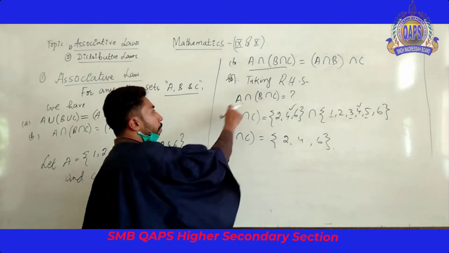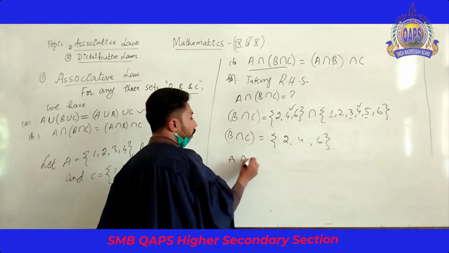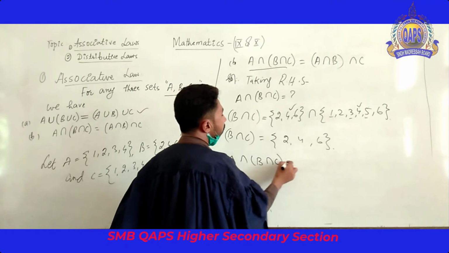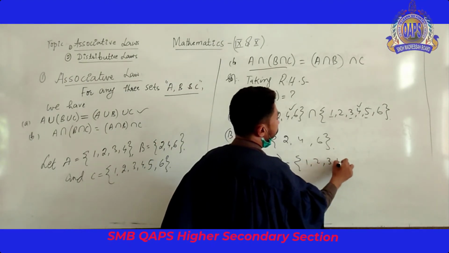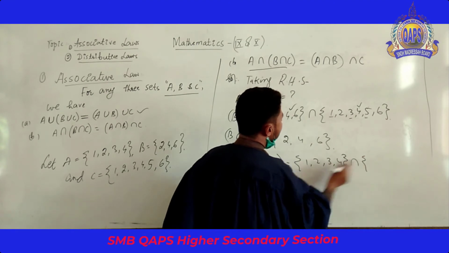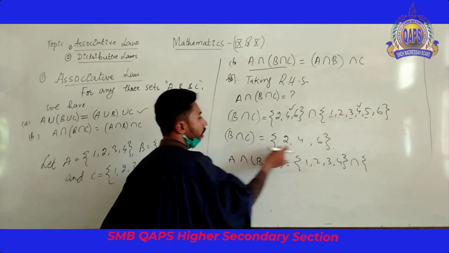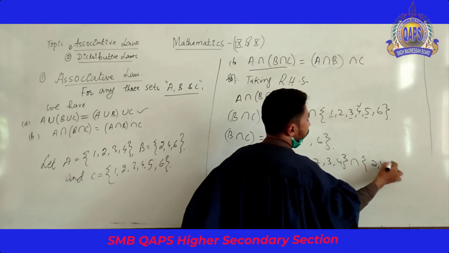Now we prove A intersection (B intersection C). A contains elements 1 to 4 and B intersection C contains 2, 4, 6.